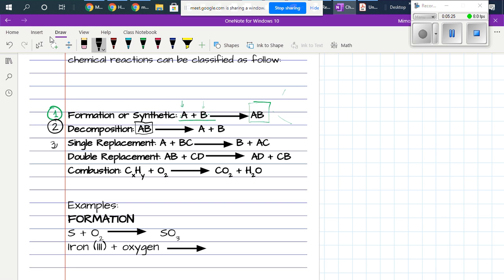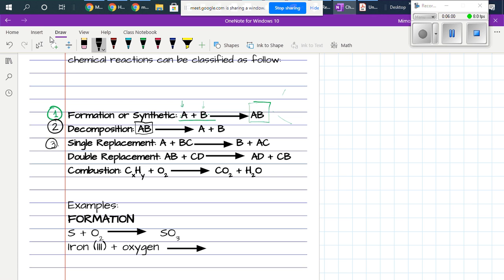The third type of reaction that we see a lot is a single replacement. What is happening during single replacement is an element is in contact, and I will use "in contact" in quotes, with a compound, and the element is replacing the similar type of element in the compound.